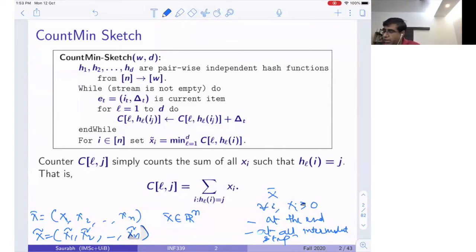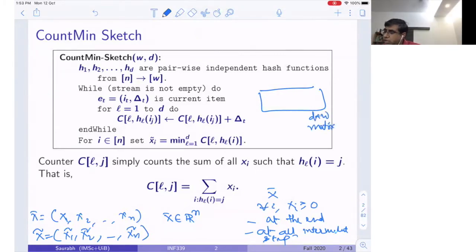I'm not going to store any of these values. All I'm storing is this matrix C. What is the size of this? It is a d cross w matrix. This is what you are storing.